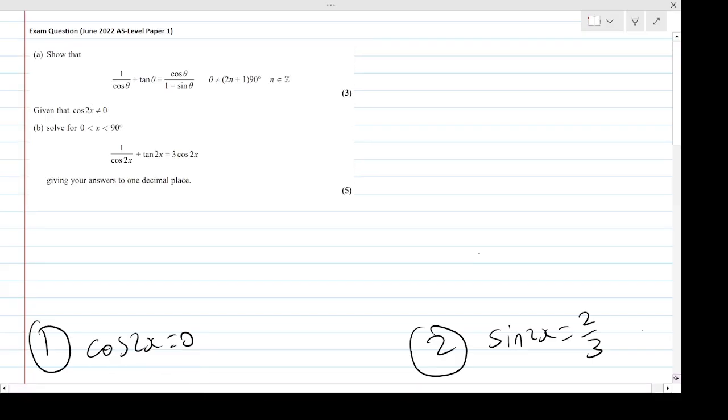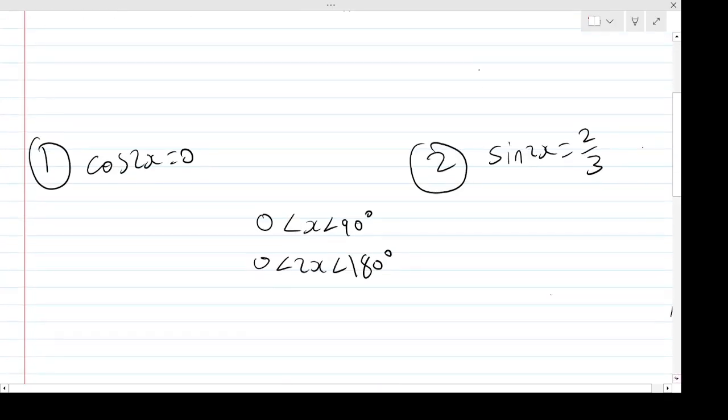So that equation can't happen. Well, that means there are no solutions, because we're told it can't be 0. So there are no solutions to that equation.